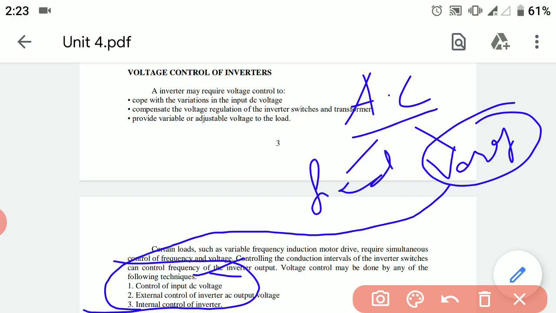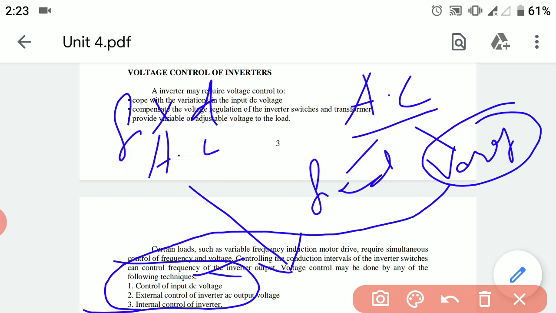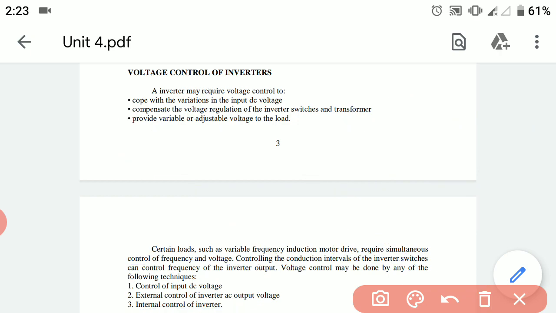Now the second is external control of inverter AC voltage. For example, if we have produced fixed AC from the inverter, we can also change this fixed AC into variable AC by any external means. That is external control of inverter AC voltage. And the third is internal control of inverter.